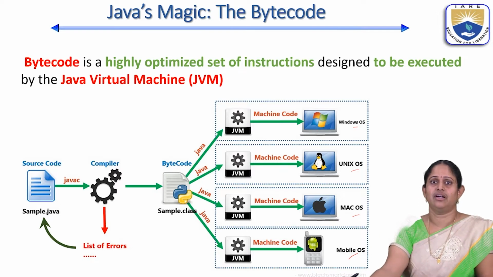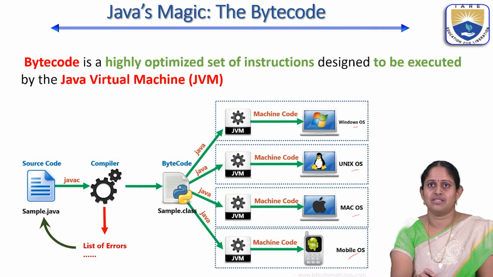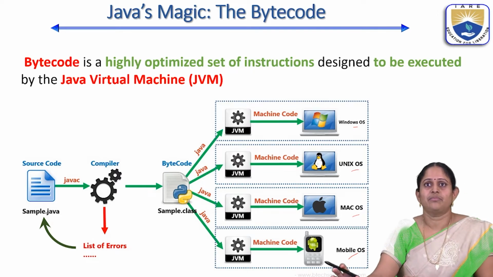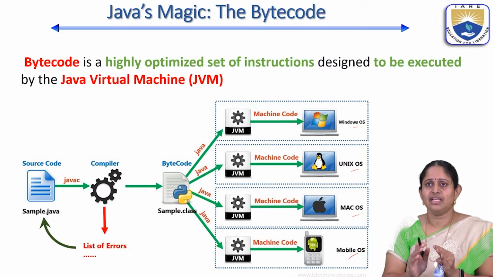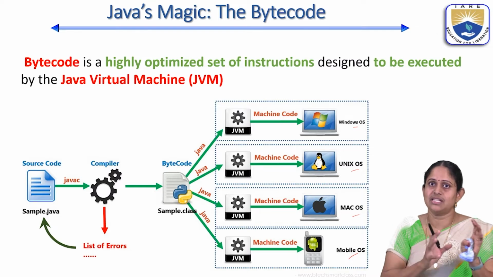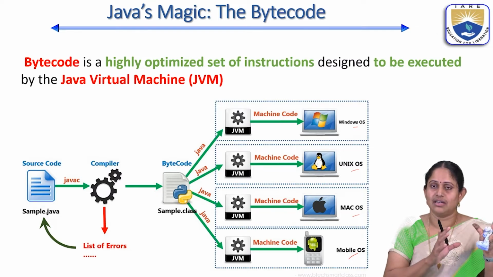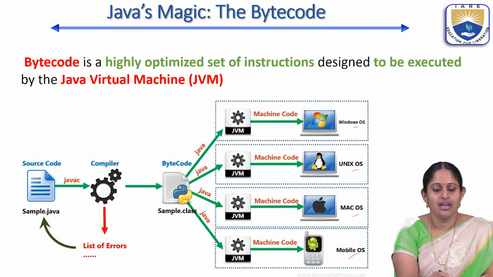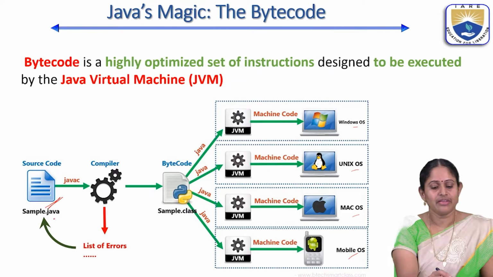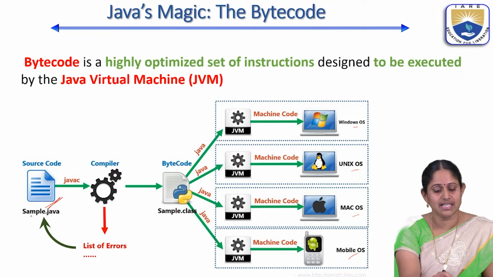Java has something called the Java virtual machine, or the JVM. What happens here is, we have the Java source code, let's say a program called sample.